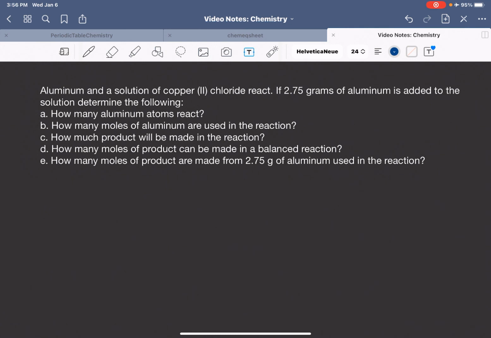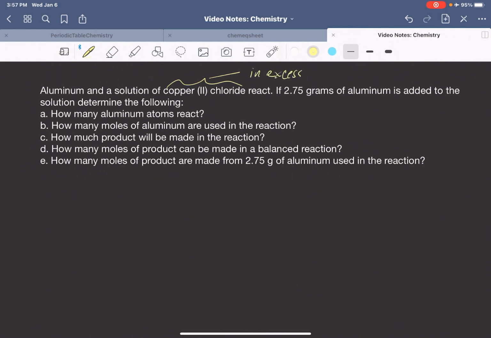Aluminum and a solution of copper 2 chloride react. If 2.75 grams of aluminum is added to the solution, determine the following. So there's all these different things here. Now, what is not in the problem is that we want to assume that this particular substance is in excess.